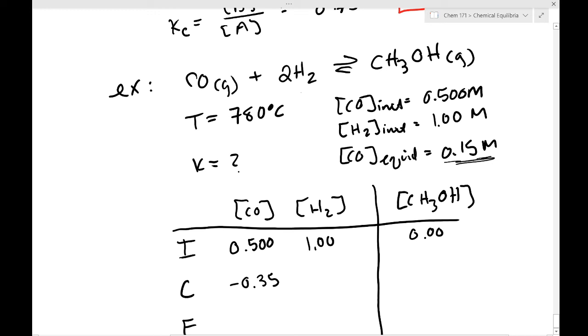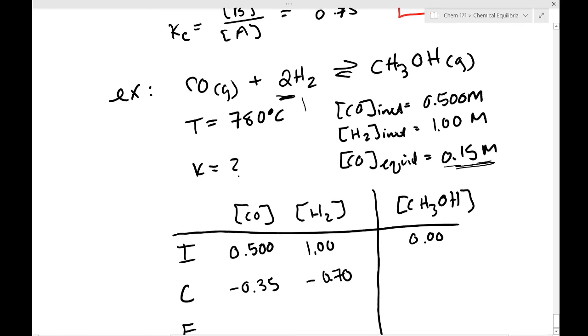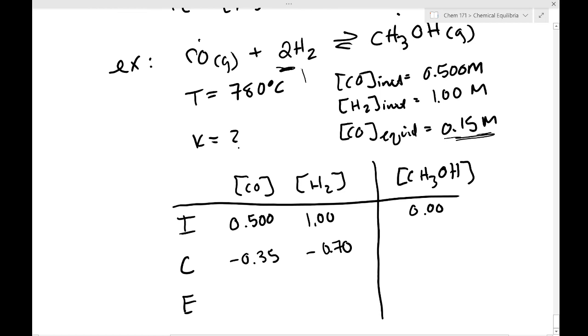So we must have 2 times 0.35, so this must be 0.70. Okay, and stoichiometrically, it's 1-to-1 between methanol and carbon monoxide. So we must form the same number of moles of methanol as we used up from CO. So that means that we form 0.35 moles of methanol. At equilibrium, we just add these together and we get 0.15.